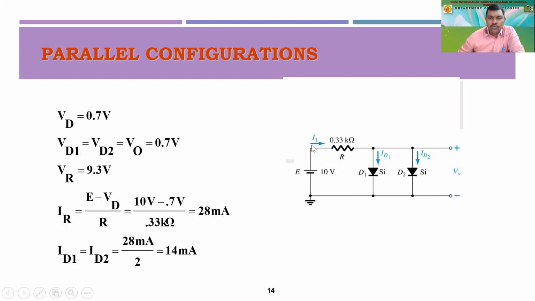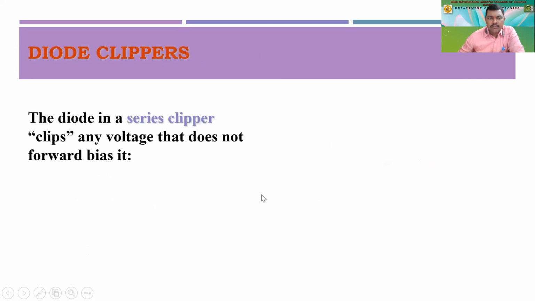The current I1 will be distributed into two parts, ID1 and ID2. The total current IR is equal to 28 milliamperes, and by dividing it into two, ID1 and ID2 would each be equal to 14 milliamperes. So this is a small calculation.